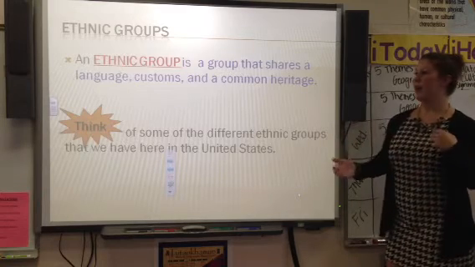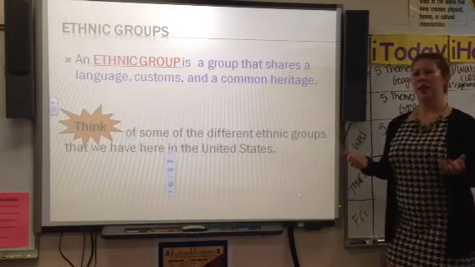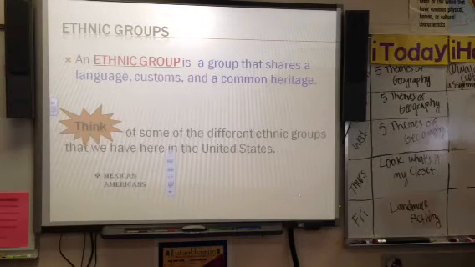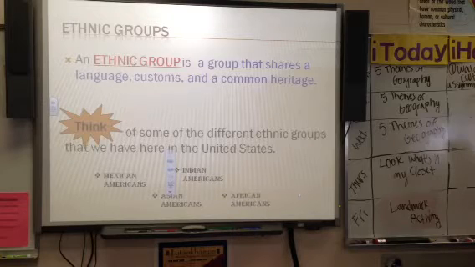That's a very, very different custom than some people here in the United States. Here are some other examples of ethnic groups. Mexican Americans, Asian Americans, African Americans, Middle Eastern Americans, Indian Americans. Lots of different ethnic groups making up our entire country and making it unique.